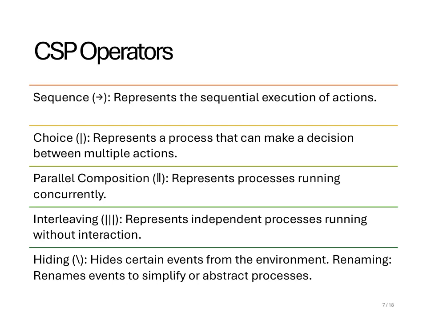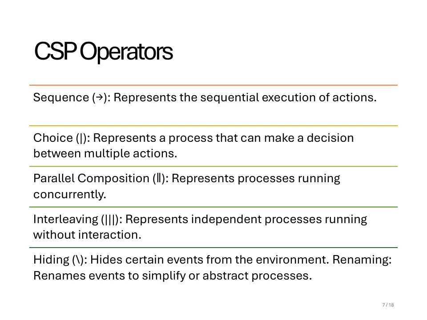In CSP, several key operators help define how processes interact and execute. The sequence operator shows actions happening one after the other in order. The choice operator allows a process to decide between different possible actions, kind of like making a decision. Parallel composition means processes run at the same time, working concurrently.